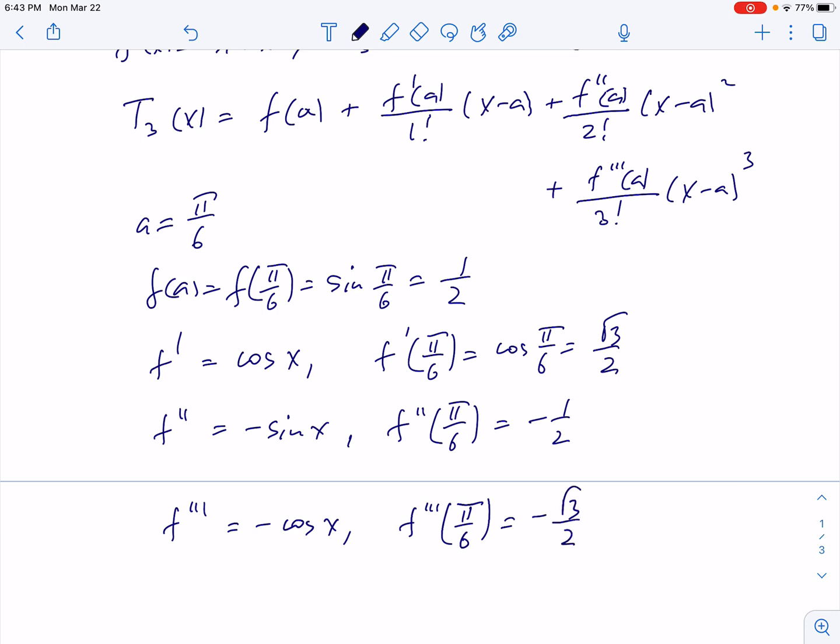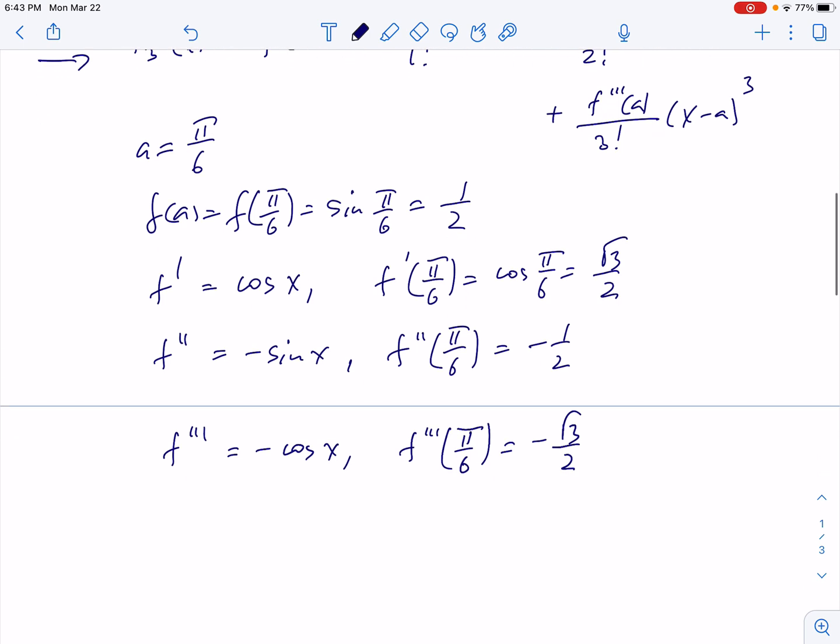And now we just have to substitute this in our general formula. So the third Taylor polynomial for this function will be f(a), this is sine pi over 6, this will be 1/2. Then f prime is root of 3 over 2, and we have 1 over 1 factorial times (x minus pi over 6) to the first power.